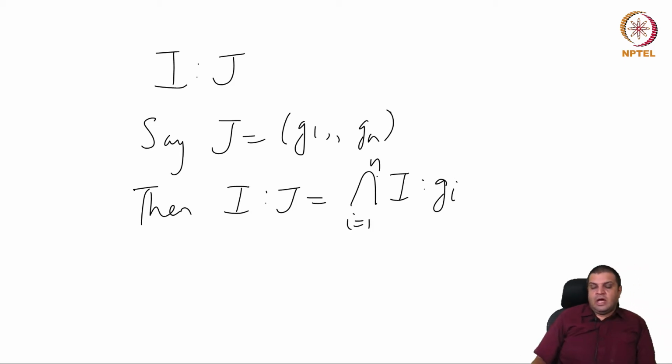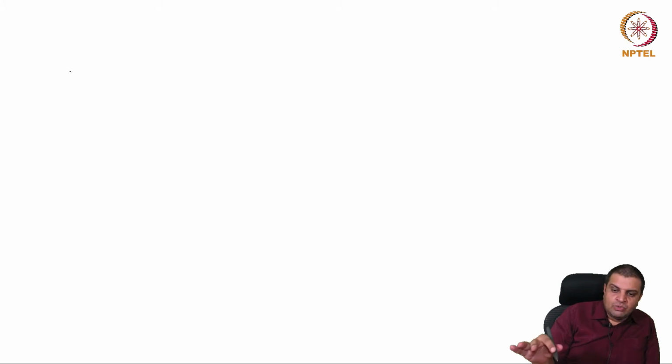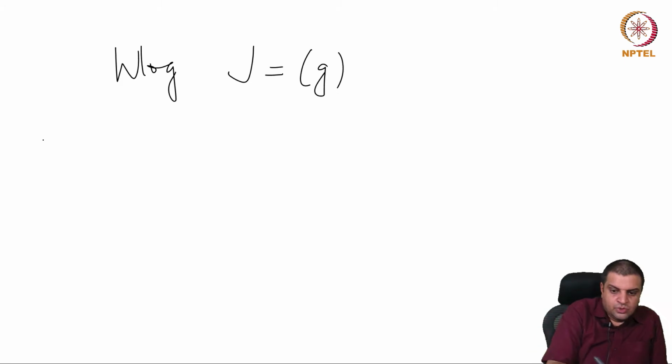So algorithmically, if we know how to intersect and how to take colons with one element, then we can do this. Therefore, we need to learn two things: how to intersect ideals and how to take colons. So without loss of generality, for now, as far as colon is concerned, we can assume that J is principal.